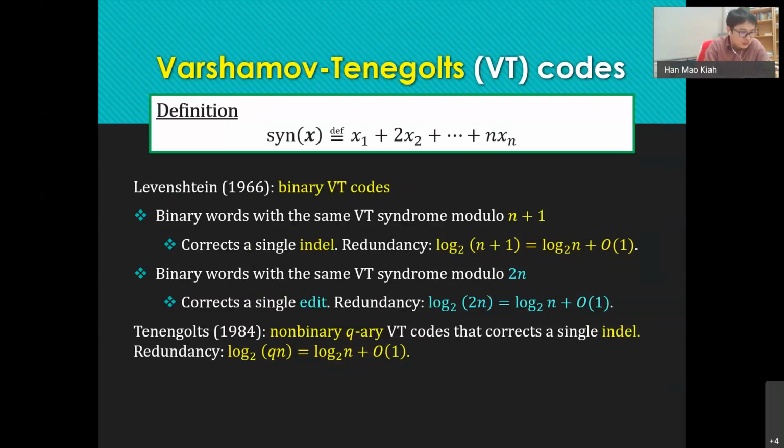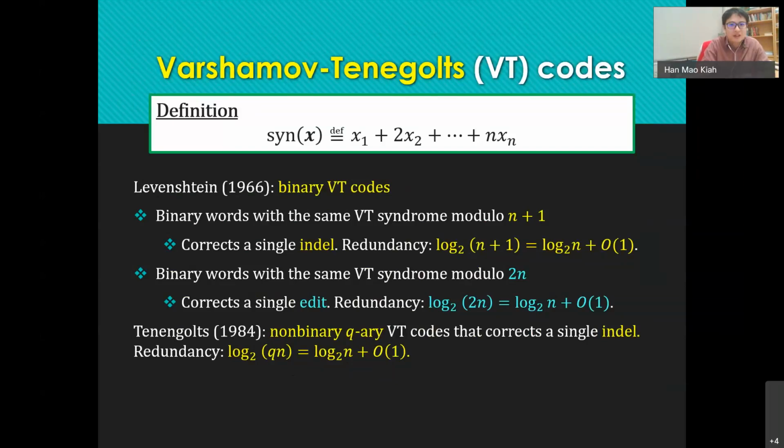By modifying this code construction, basically changing the modulo, Levenshtein showed that the same code can actually correct a single edit. Later on, in 1984, Tenengolts extended this construction to correct single indels for the non-binary case.